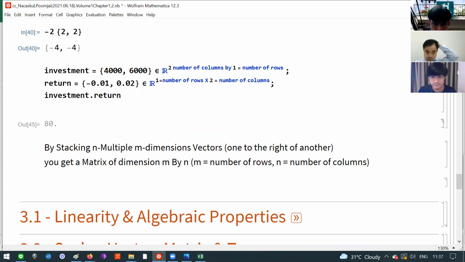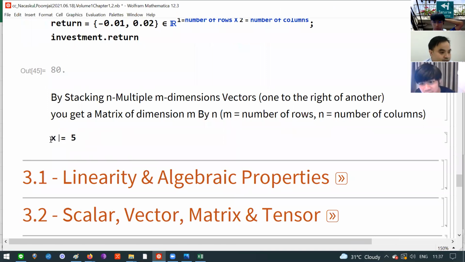Okay, so now let's create one. By convention, by the way, in most textbooks, if you have a single variable like x equal to 5, it would be a small x, not boldface, a thin character.